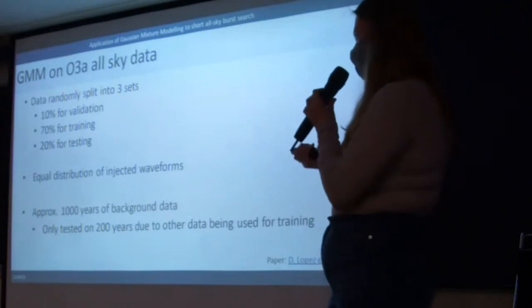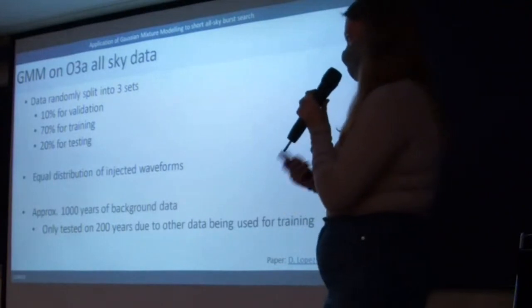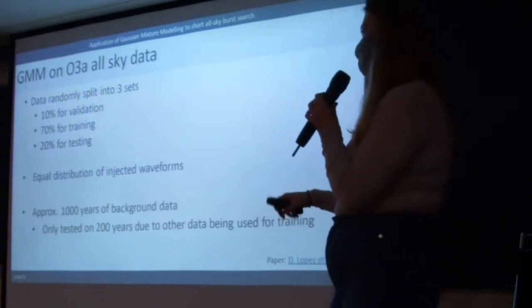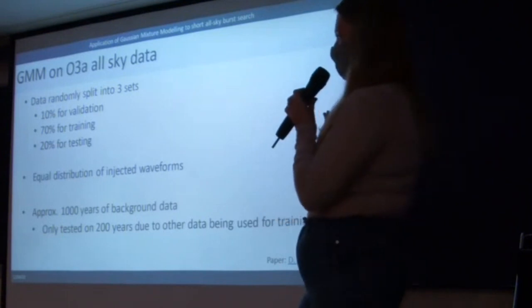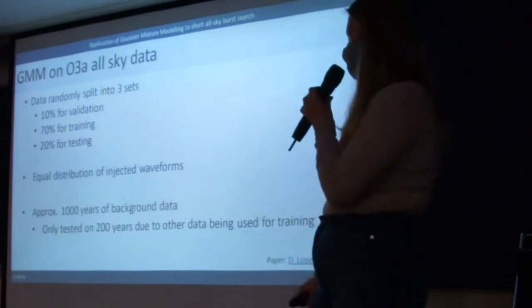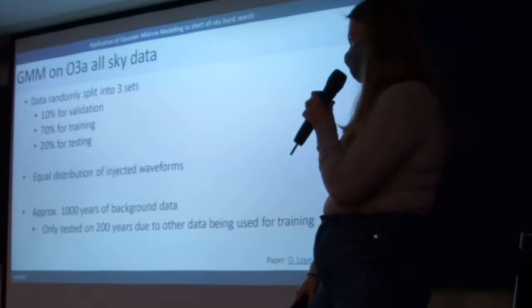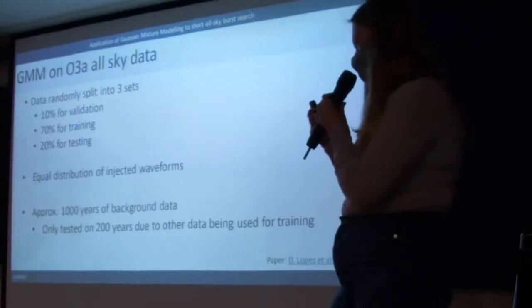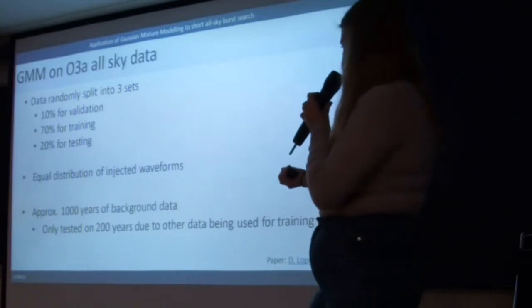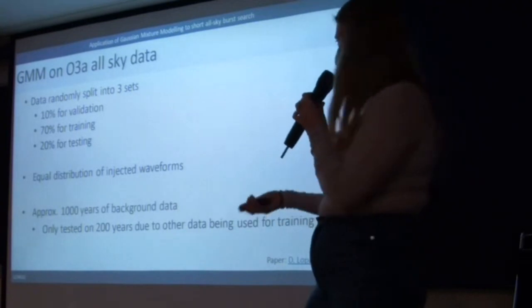And then we take 70% for training the Gaussian mixture model itself. And the remaining 20% is for testing. And it's worth noting there's an equal distribution of injected waveforms over all the different data sets. Originally, we had approximately 1,000 years of background data, but obviously it goes down to 200 years due to other data being used for training.